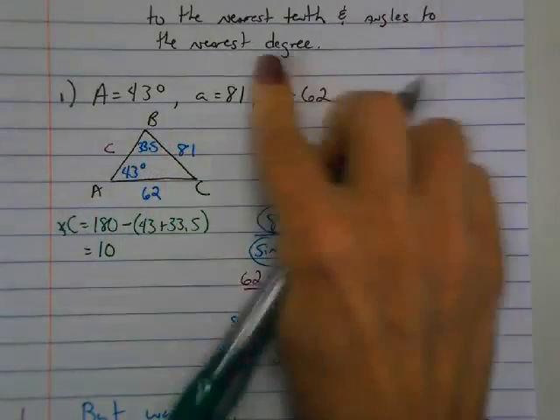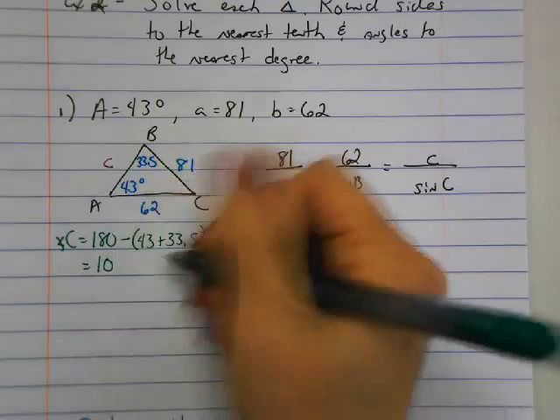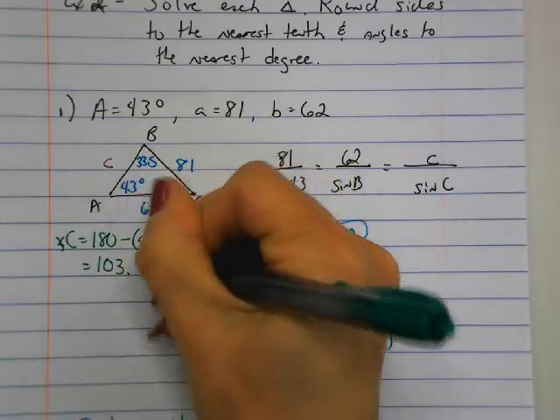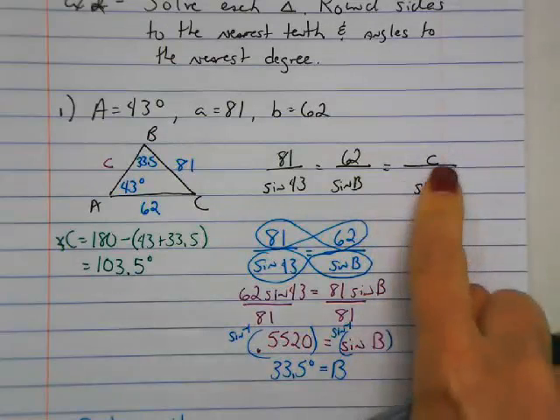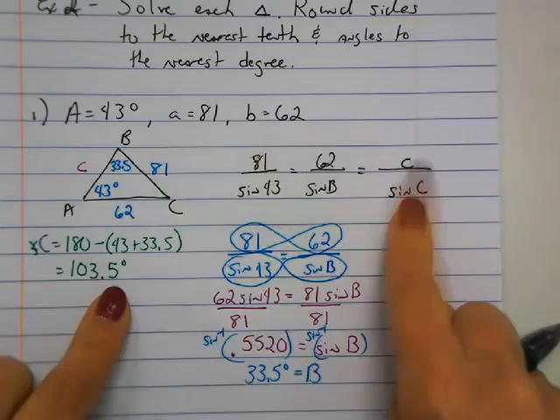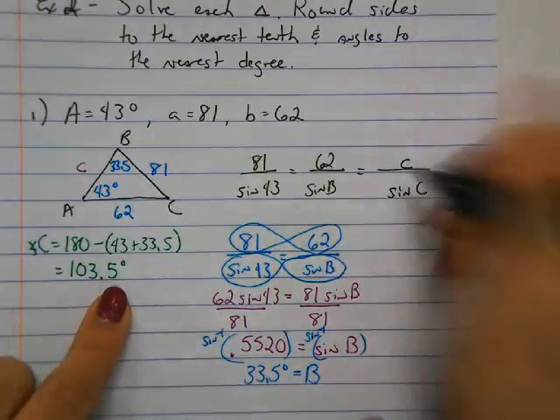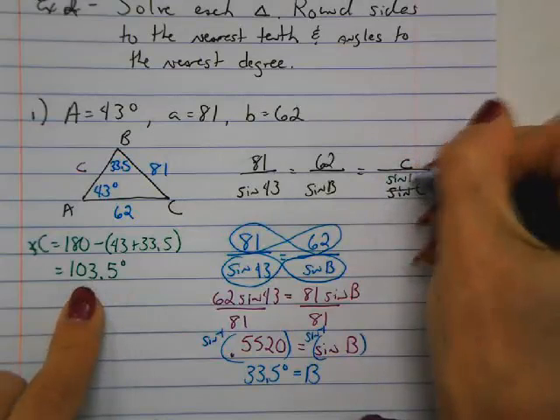It said round that to the nearest degree, but I'm going to go ahead and just leave it at 103.5. I'm going to break the rules. What a renegade. Now you know this angle, so now I can come over here and finish this up. So now I know that this is really the sine of 103.5.